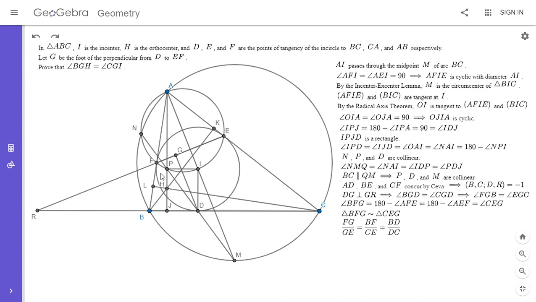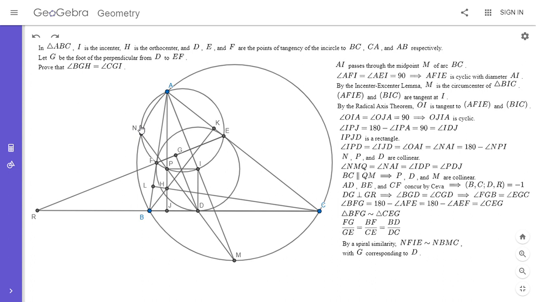If you look closely, a spiral similarity takes triangle NFE to triangle NBC, and that spiral similarity is centered at N. If you've watched my video on spiral similarities, if we want to find the center of the spiral similarity taking FE to BC, we can connect BF to CE, they intersect at point A. And if we find the intersection of the circumcircle of AFE with ABC, which is N, that is the center of that spiral similarity.